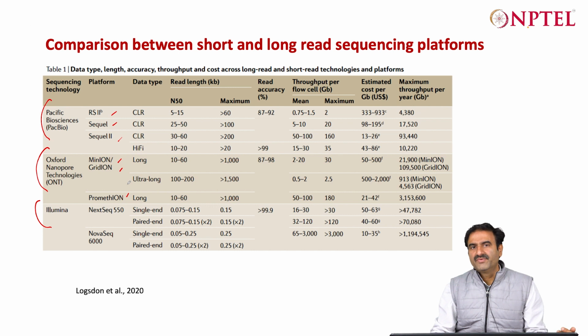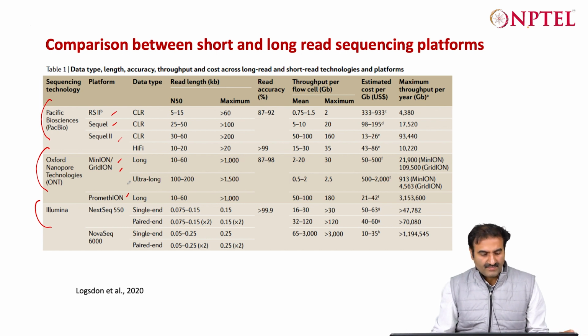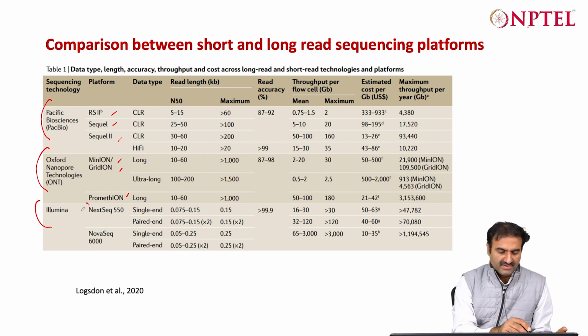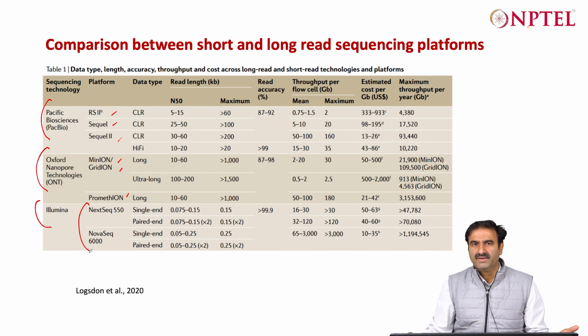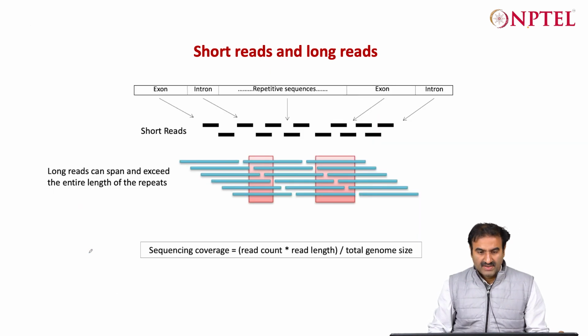But sometimes you do not want a very high throughput machine, because that may be very expensive for your research purpose, and you would go for a medium or lower level machine. Okay. And similarly for Illumina, there are NextSeq 550 and NovaSeq. These are 2 major instruments that they have, but they also have MiniSeq, MiSeq, and other sequencers.